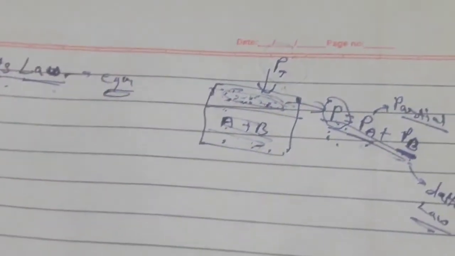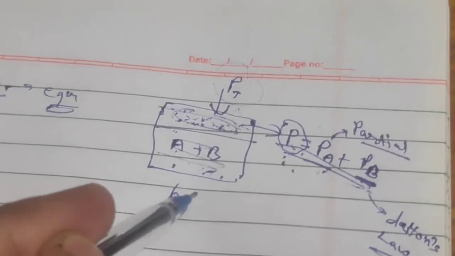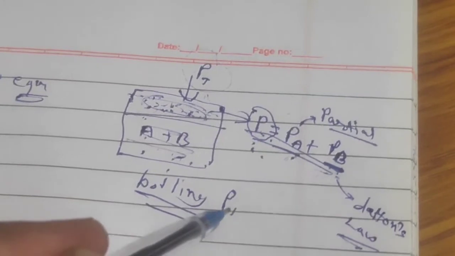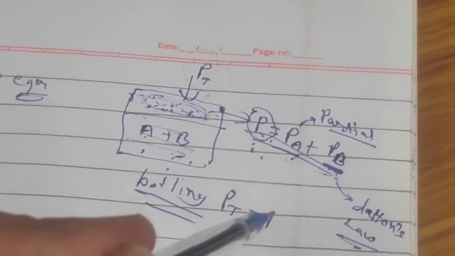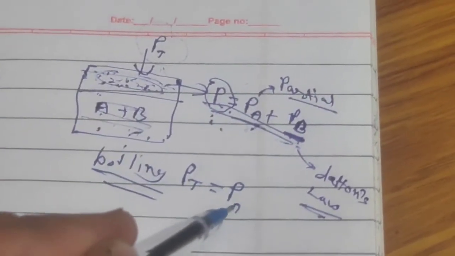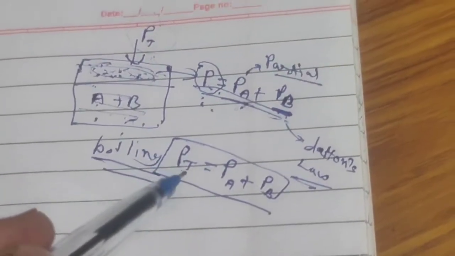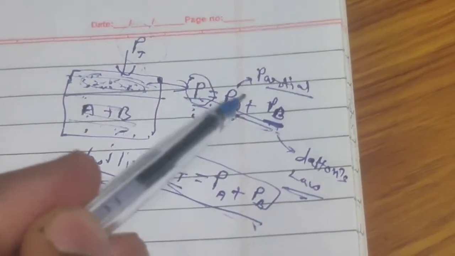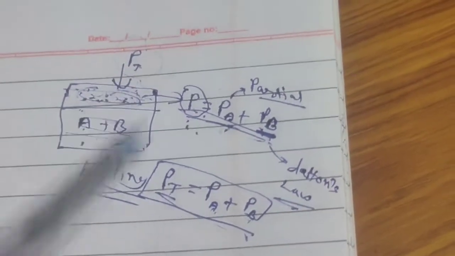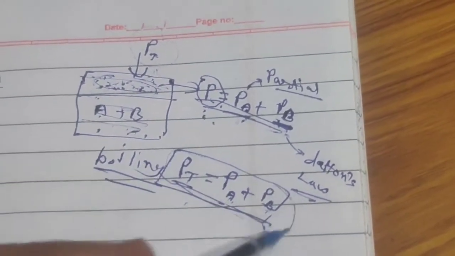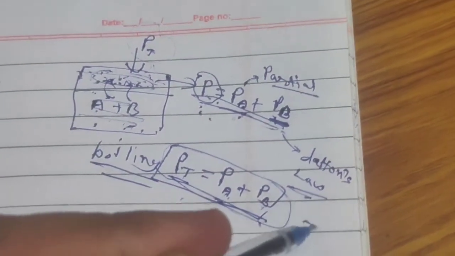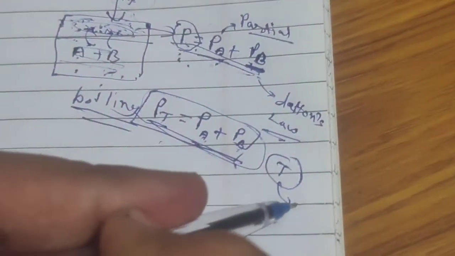Now when the boiling happens, you already know this concept, that boiling happens when the external pressure equals the pressure exerted by the vapor, meaning PA plus PB, right? So when the sum of the partial pressures equals the external pressure you have applied, the liquid starts boiling, and the temperature at which it happens, we call the boiling point.